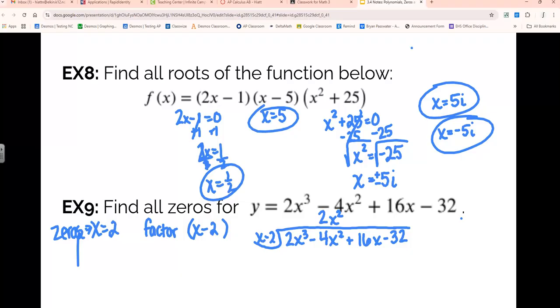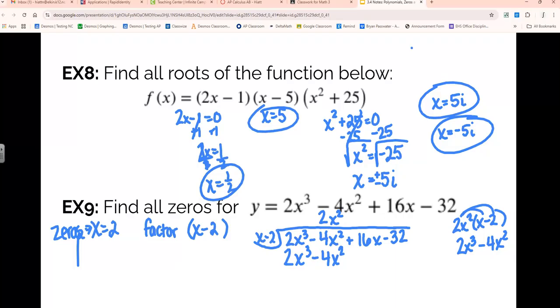Because if I do 2x squared times x minus 2 and distribute, 2x squared times x gives me 2x to the third, and 2x squared times negative 2 gives me negative 4x squared. So this is what I'm going to write right here, 2x to the third minus 4x squared.